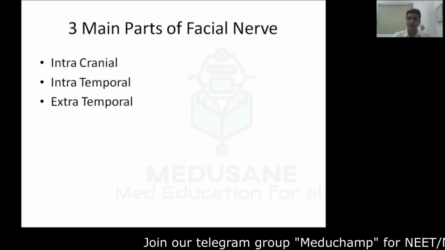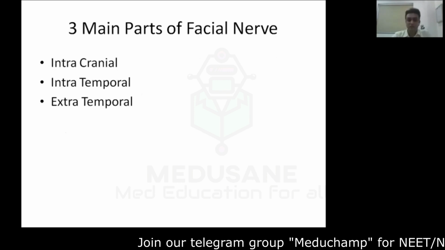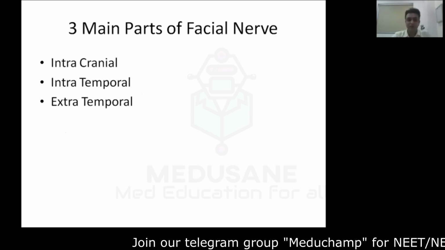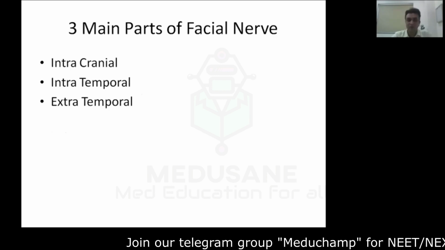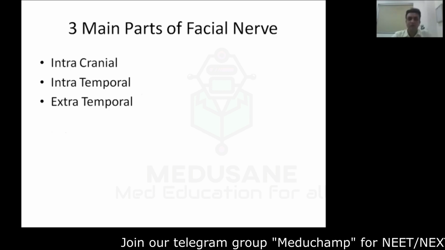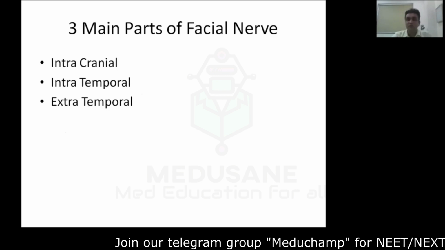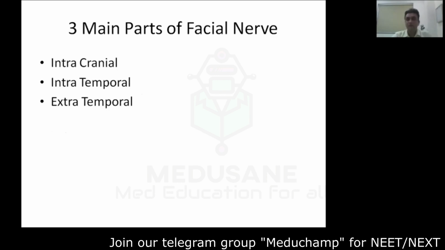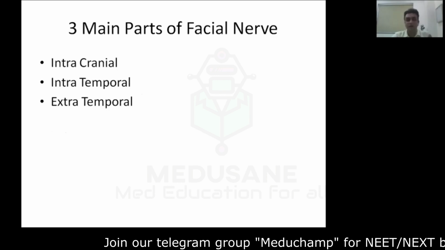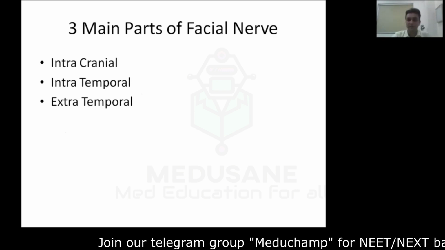So for the facial nerve, there are three main parts: an intracranial course, an intratemporal course, and an extratemporal course. Intracranial part means before the nerve enters the internal auditory canal of the temporal bone.